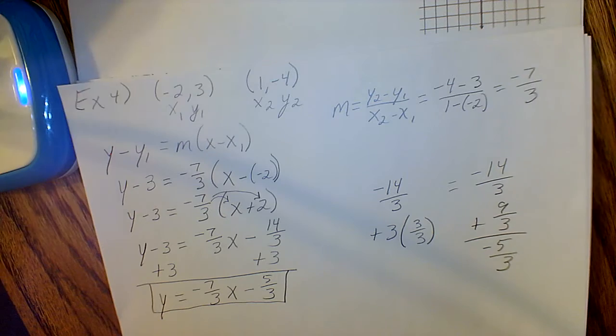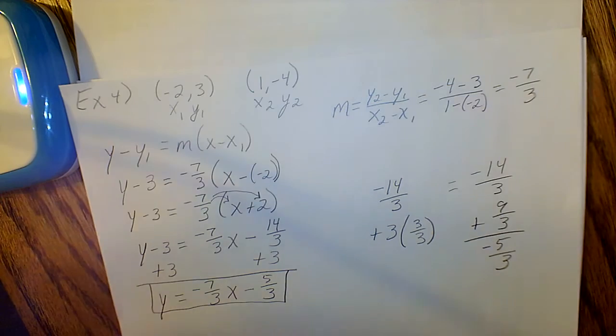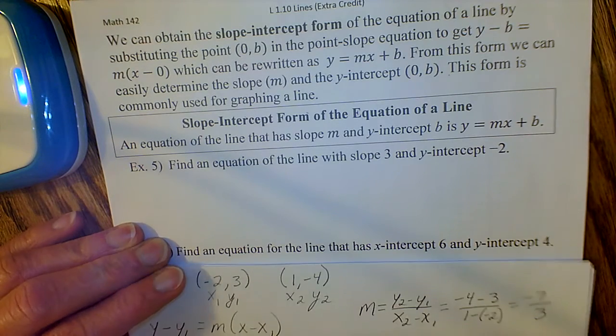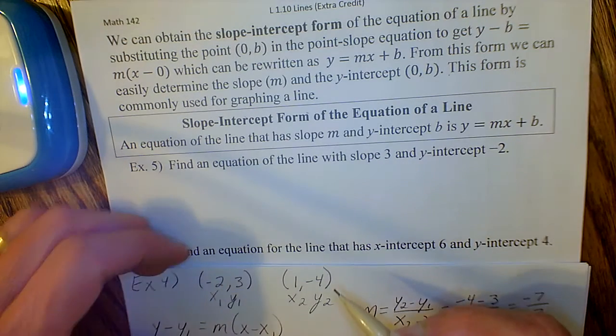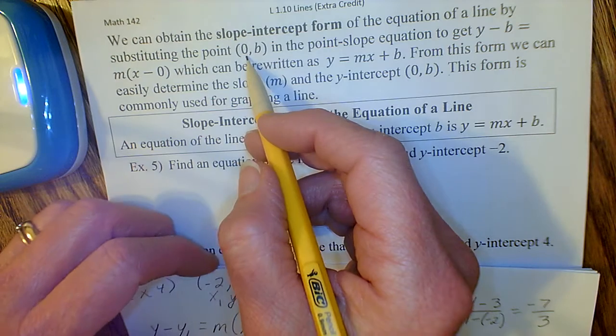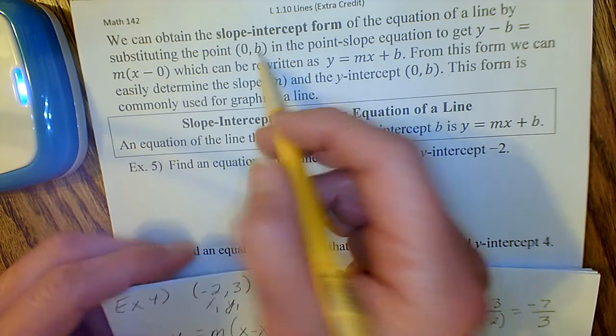All right. So now we need to look at another very important form of the equation of a line, and that is the slope-intercept form. We can obtain this by using that point-slope form of an equation of a line and using (0, b) for our point.